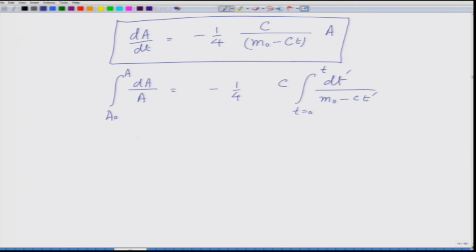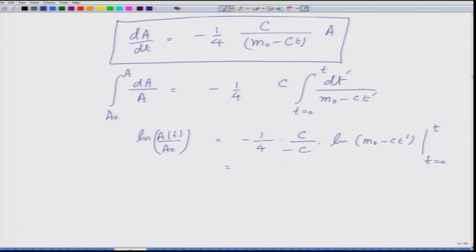So, this becomes log of A t over A0 is equal to minus 1/4 c divided by minus c log of m0 minus c t prime, t equal to 0 to t.